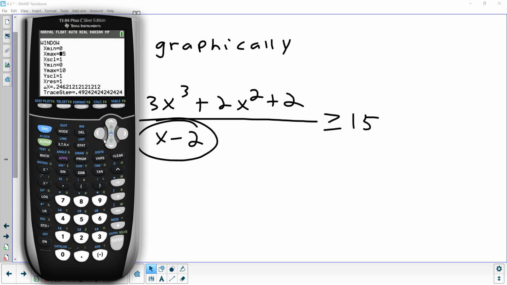So let's set our window. 65 is probably more than we need. Let's go like 25. Let's go negative 20. I'm just trying a window. I don't really know. But I know I need to set my y max at least 15. So let's try 25.